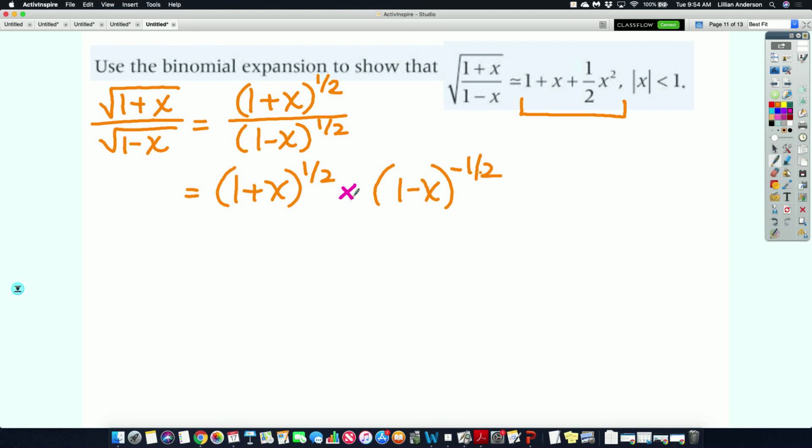So, we're at the point now where we can expand. So, the first one, we're going to need to expand both pieces, and then at the end, we are going to need to multiply them, okay? So, am I back to orange? No, I'm not. So, this first part, the 1 plus x to the 1/2, I'm going to use the bottom formula.